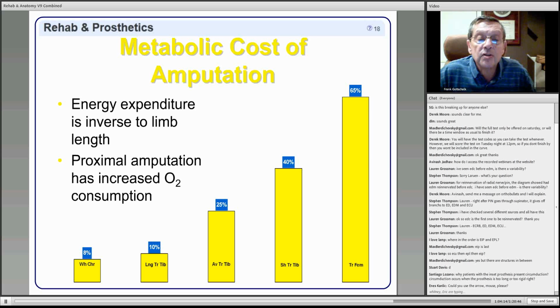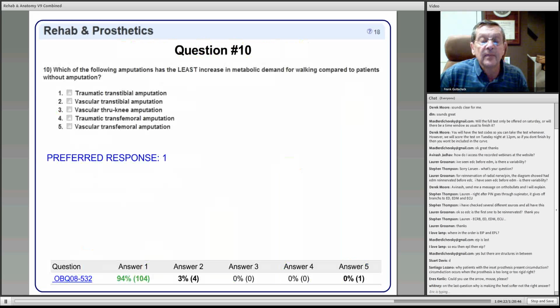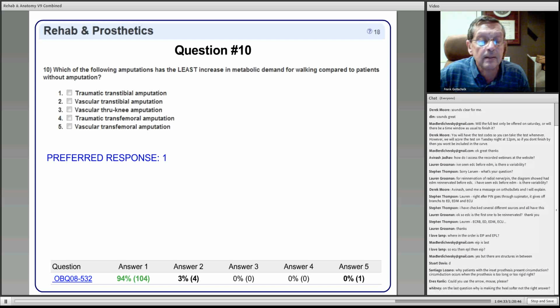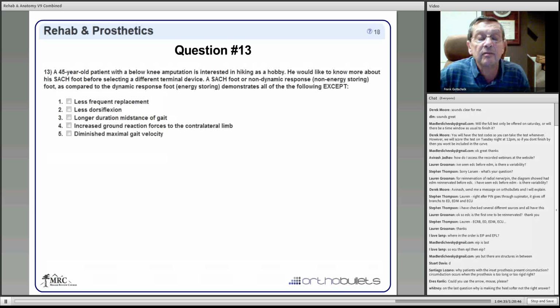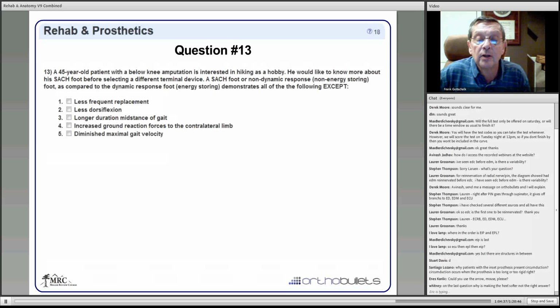And one looks at the middle bar, which is about an increase of 25% above average for level walking gait in an individual. So the preferred response, which the majority of you got correct, was number 1, traumatic amputations. The problem with vascular amputations is that they do not have the physical reserve for most of their gait.